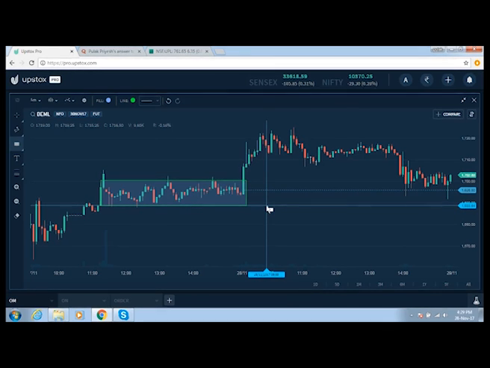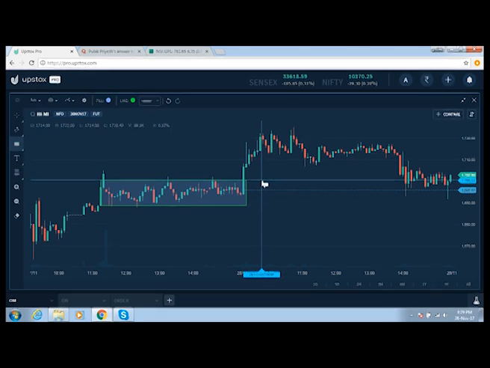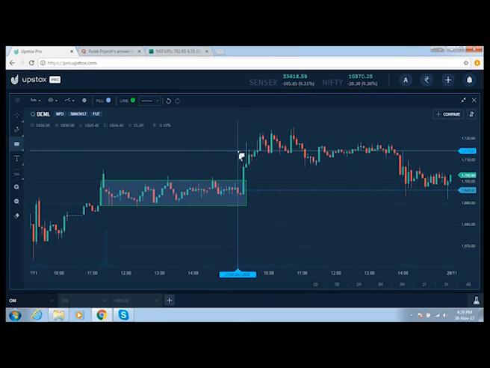Let's take 1688 only. So it is making a difference of 12 points. So if the stock is moving above the 1700 level, the appropriate first target should be 1712. Let's draw another box over here, 1712.